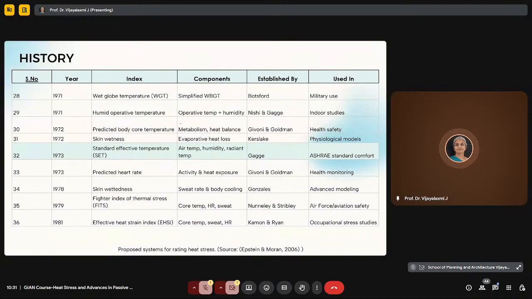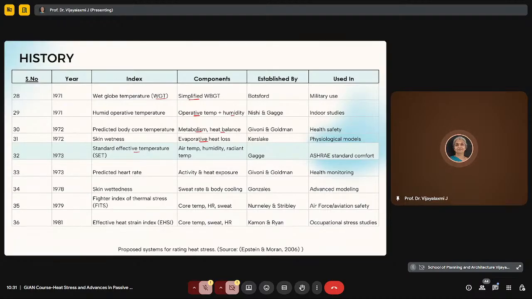Then the WBGT, which came in 1971, was a simplified version of the earlier WBGT. The humid operative temperature uses operative temperature plus humidity. Predicted body core temperature combines metabolism with heat balance. Skin wettedness uses evaporative heat loss.